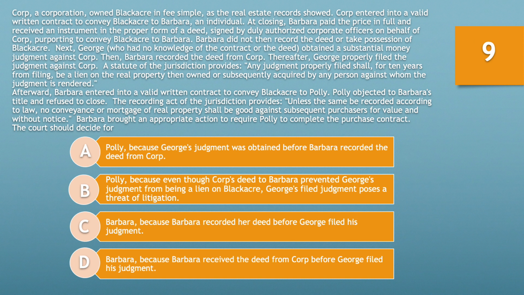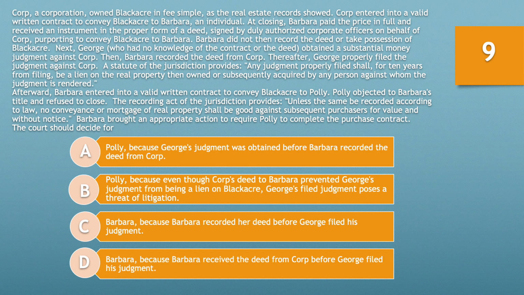The Recording Act of the jurisdiction provides, unless the same be recorded according to law, no conveyance or mortgage of real property shall be good against subsequent purchasers for value and without notice. Barbara brought an appropriate action to require Polly to complete the purchase contract. The court should decide for A, Polly, because George's judgment was obtained before Barbara recorded the deed from Corp.